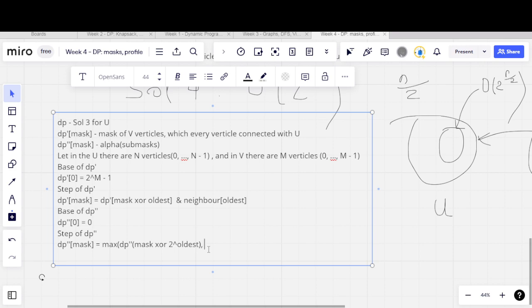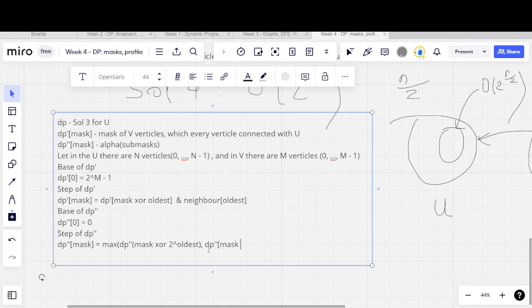We don't include in this case our oldest vertical. In the other case, we take this vertical and check that this is submask.